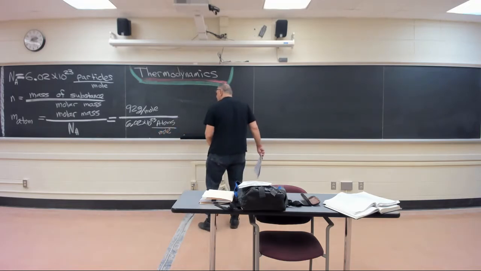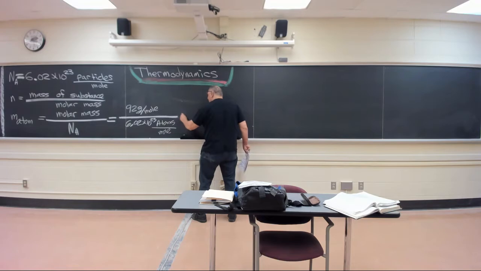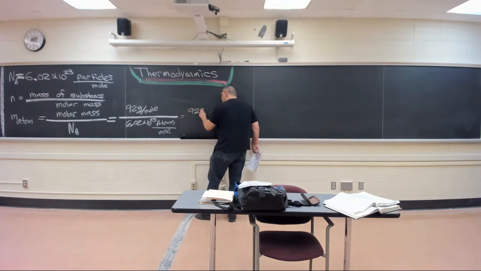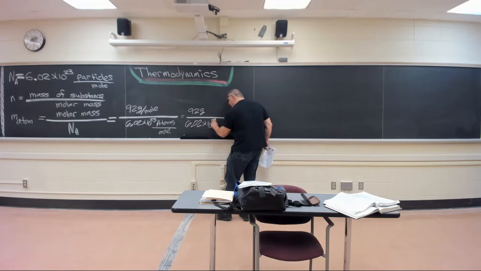Well, let's do the gymnastics, you guys. Atoms over moles flip, and you got moles over atom. The moles cancel out, and you end up getting the 92 grams over. There's 92 grams for every 6.02 times 10 to the 23rd atoms.